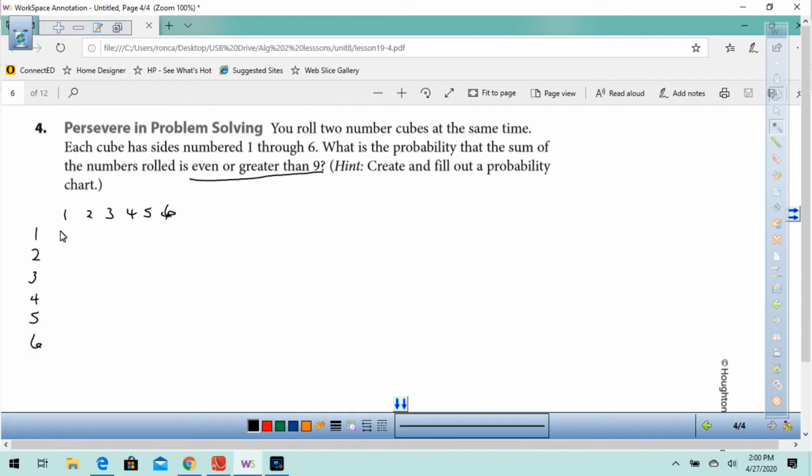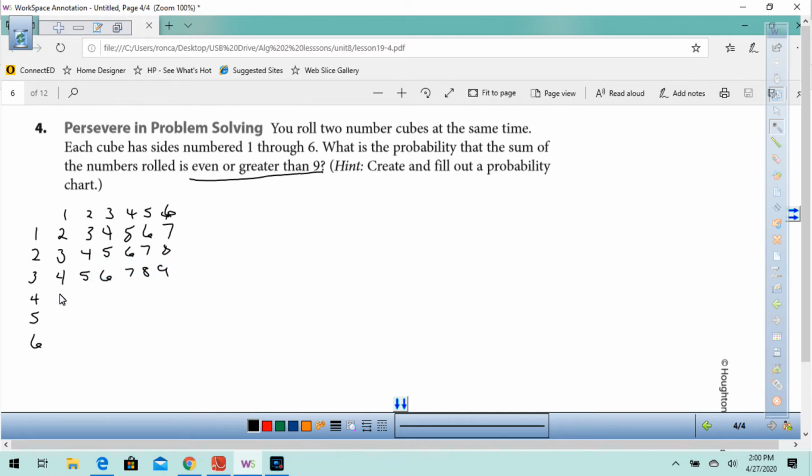And 1 plus 1 is 2. That's 3, 4, 5, 6, 7. And then here 2 and 1 is 3, 4, 5, 6, 7, 8. 3 and 1 is 4, 5, 6, 7, 8, 9.